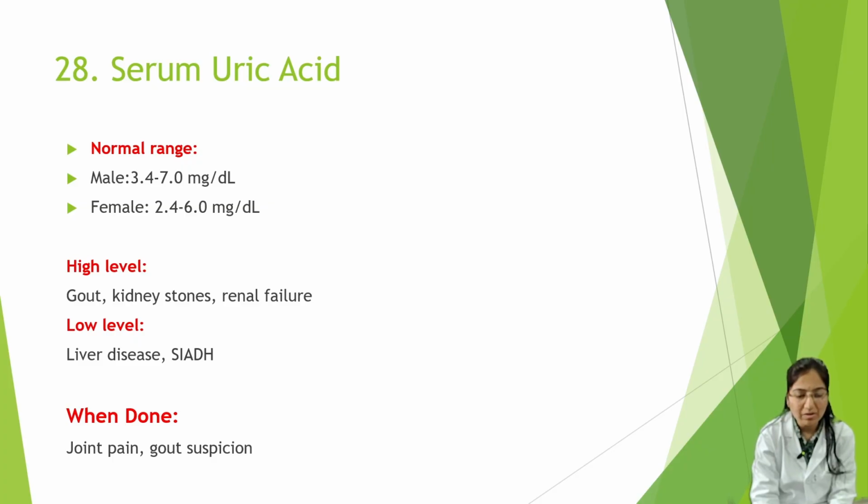Gout is measured by a blood test of the concentration of uric acid in blood. If it is at a low level, we can see liver disease and SIADH, which is diagnosed with a series of blood and urine tests including serum osmolality, serum sodium, and renal function tests. This test is done in joint pain and gout suspicion.